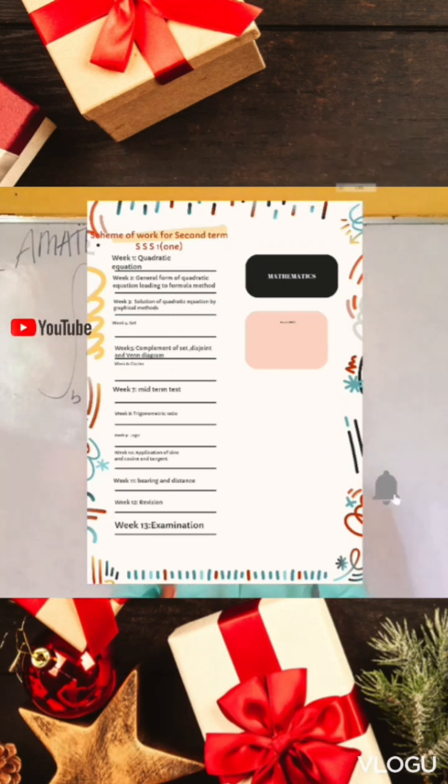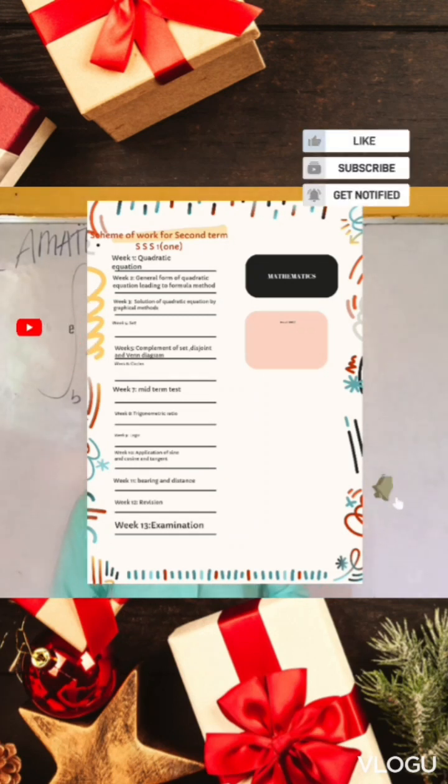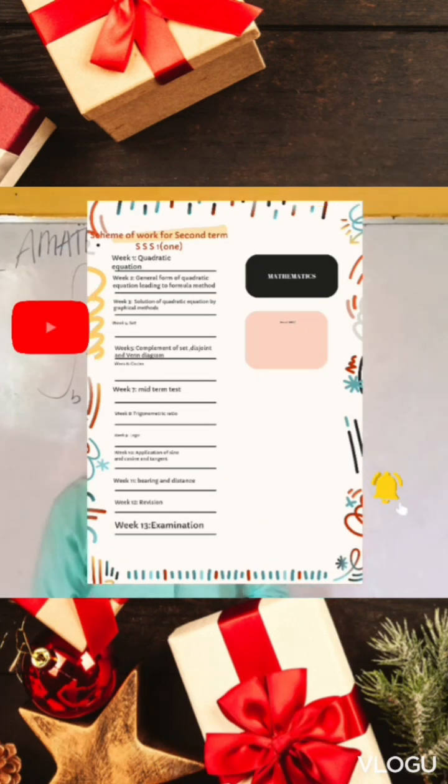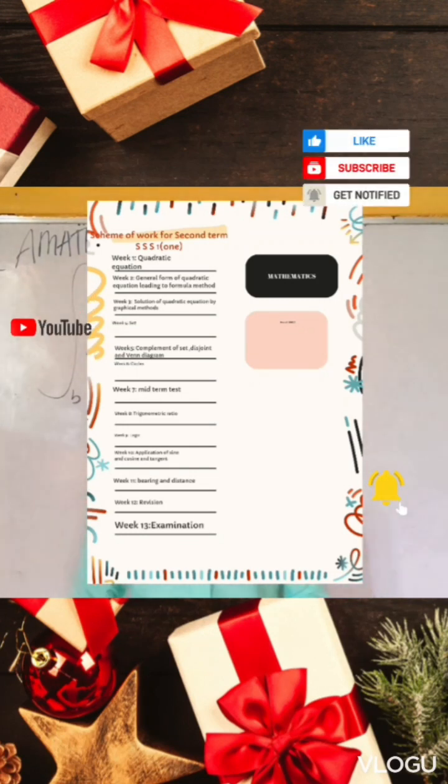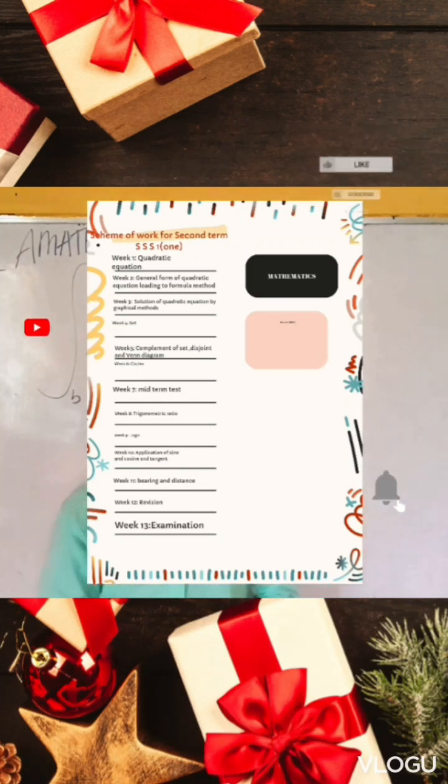They are going to lay more emphasis on that in week 2, and their week 12 and week 13 are for revision and examination.